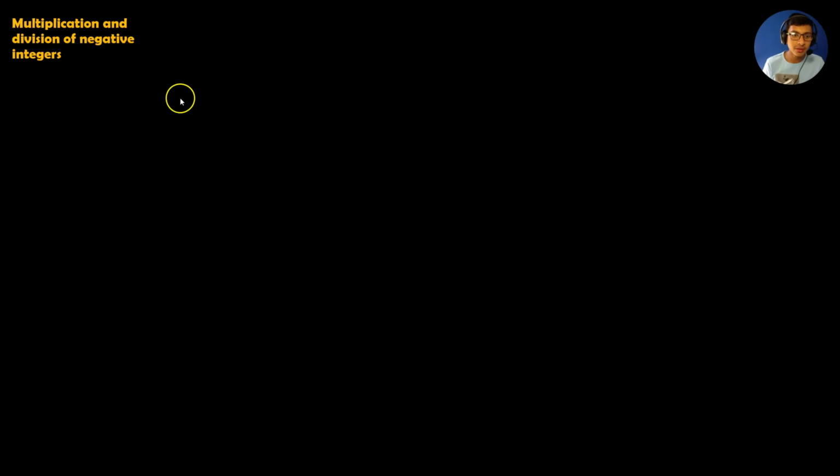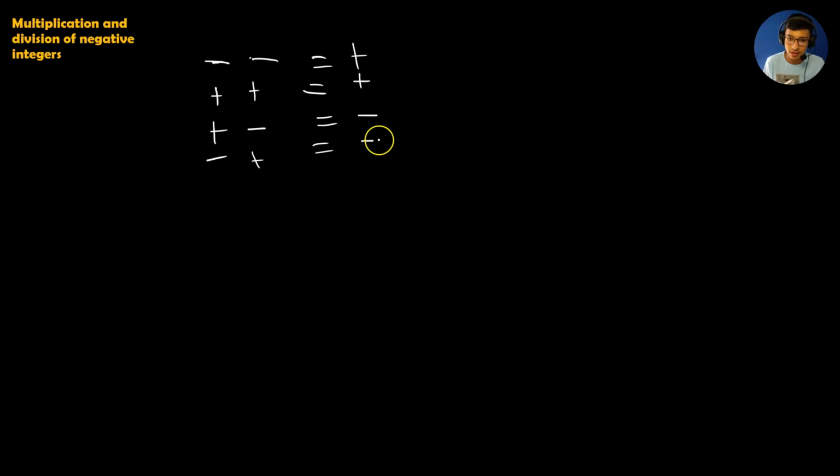So what we need to remember is our little notes. Negative and negative equals positive. Positive and positive equals positive. Positive and negative equals negative. And negative and positive equals negative.